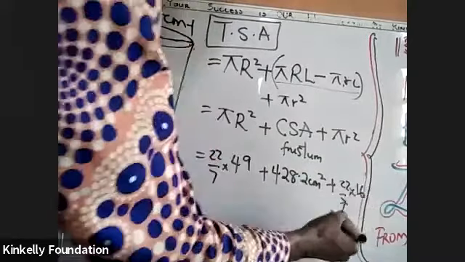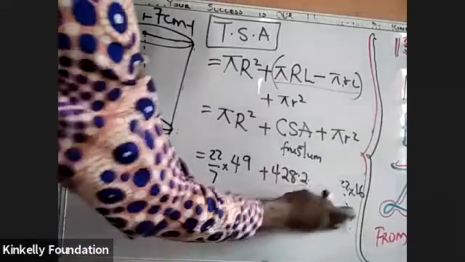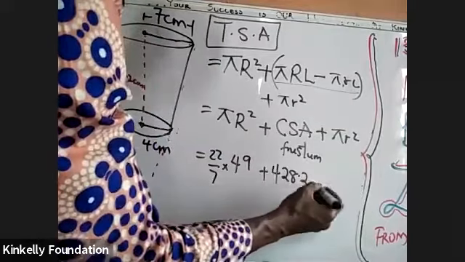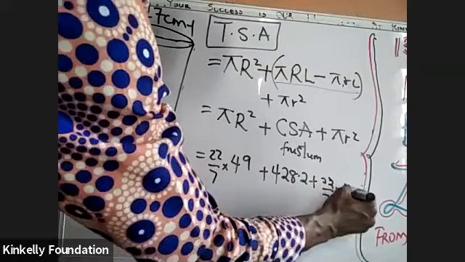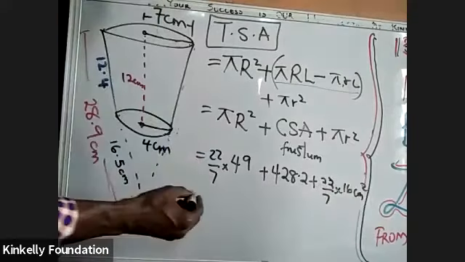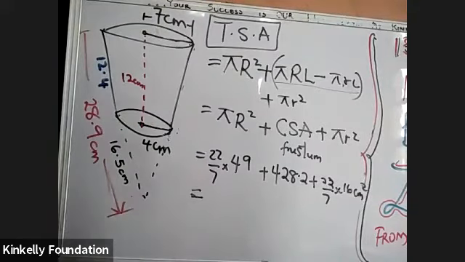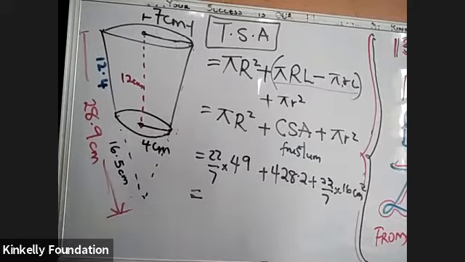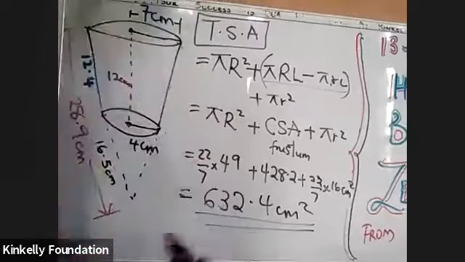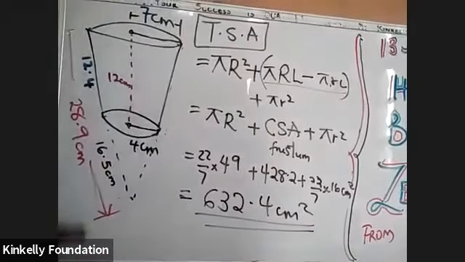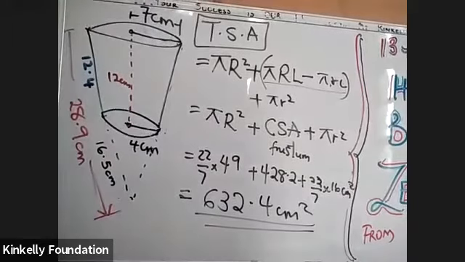Remember, all these things have cm squared as their unit. Now let's quickly calculate what we have as the total. What we have is 632.4 cm squared as the total surface area of this shape, of this frustum.